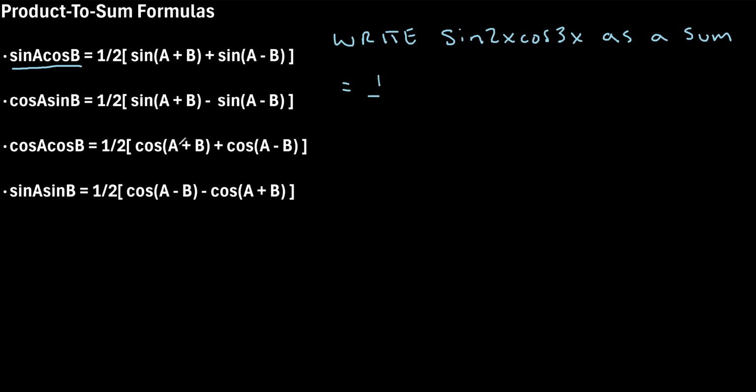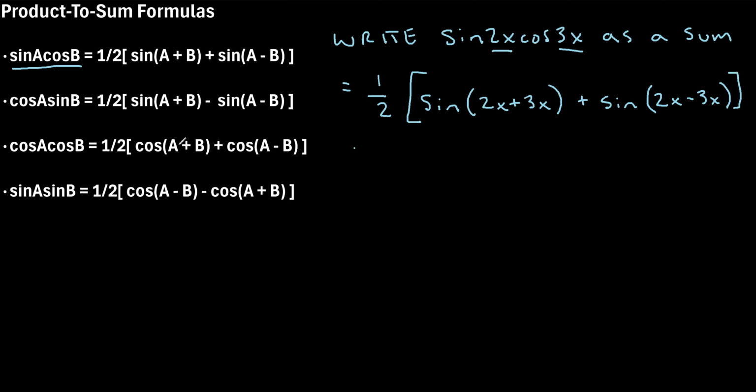So we've got 1/2 times the sine of A plus B. So A will be the 2x, and B will be 3x. So we'll have 2x plus 3x. And then we have plus the sine of A minus B. So we said A is 2x and B is 3x, so minus 3x.